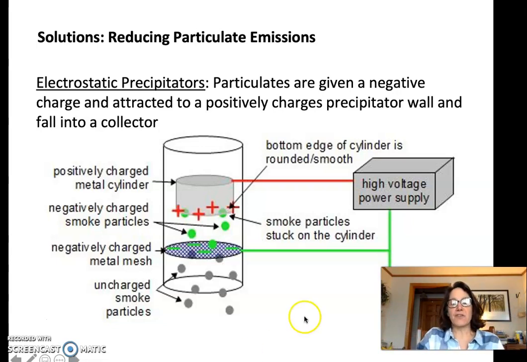So in an electrostatic precipitator, my charged smoke particles get sucked onto an oppositely charged electrode within this big device. And then all of that solid particulate is collected as solid and taken to a landfill.